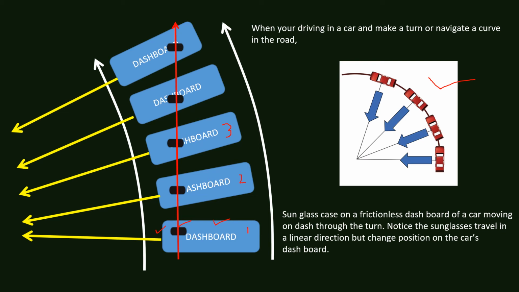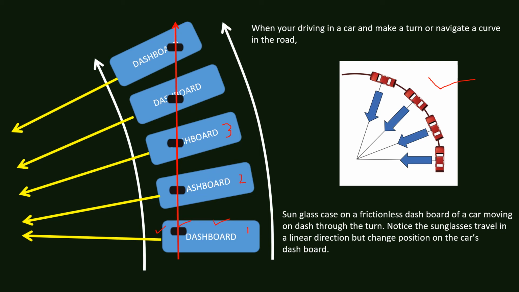It has actually transitioned from the left to the right. But the force and the acceleration have always been towards the center. The reason it keeps going straight is because it's a mass. It has no friction to stop it from moving. It wants to stay moving at a constant speed, and it doesn't want to change its direction.